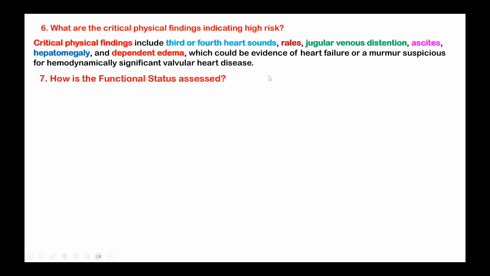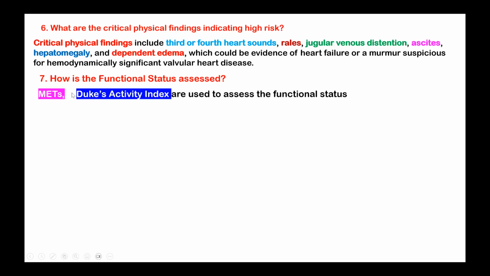And how is the functional status of the patient assessed? That is using the metabolic equivalents or the Duke Activity Status Index. So a patient with a good functional status always carries a better prognosis than a patient with a reduced functional status. So that is a very important assessment that has to be done.